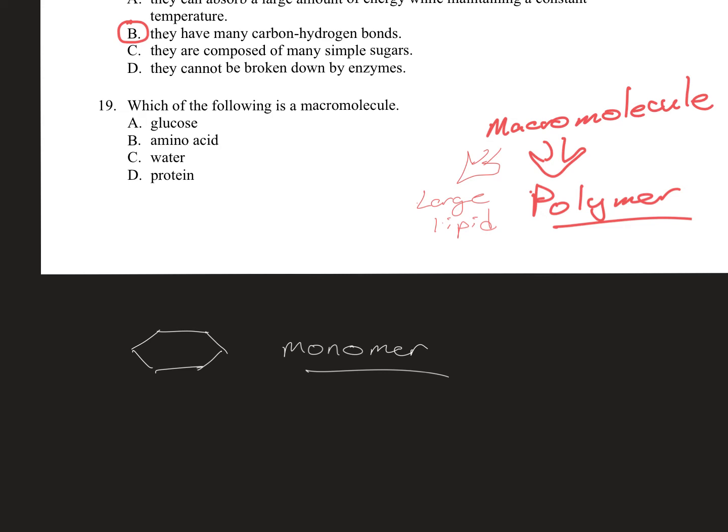So the answer is certainly not glucose, because that's a monomer, not a polymer. Is it an amino acid? No, because an amino acid is a monomer, not a polymer. Is it water? No, water's a small molecule, just 3 atoms. It's certainly not a big molecule.